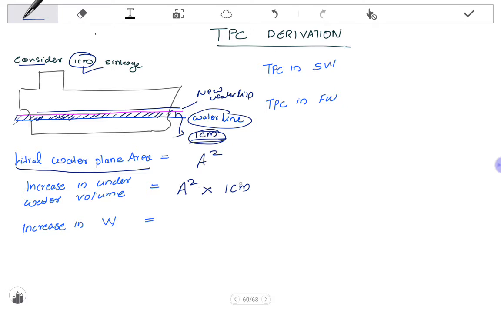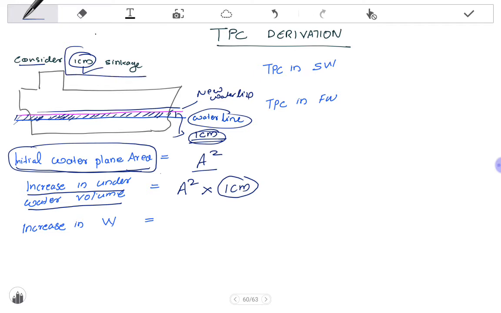Since the sinkage is only 1 centimeter, we are assuming that the initial water plane area will not change for that 1 centimeter. So the increase in underwater volume when the vessel sinks by 1 centimeter will be the initial water plane area into 1 centimeter.